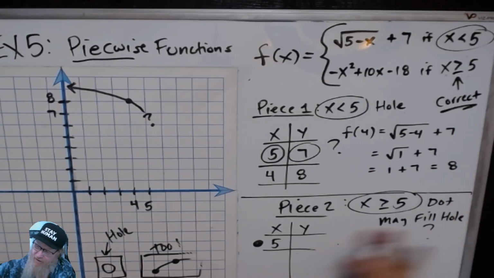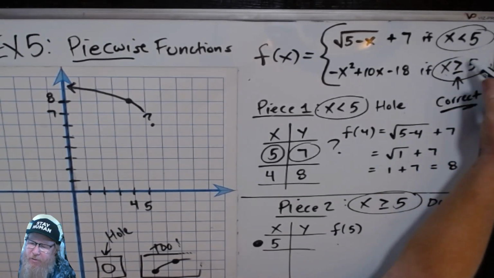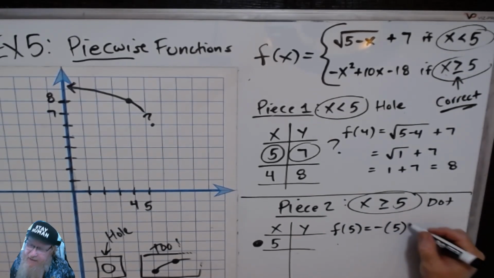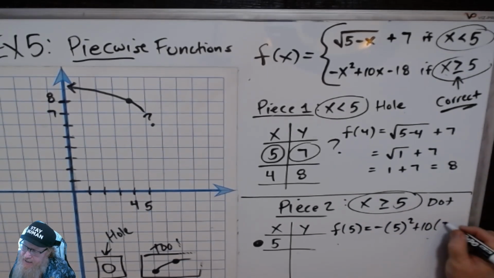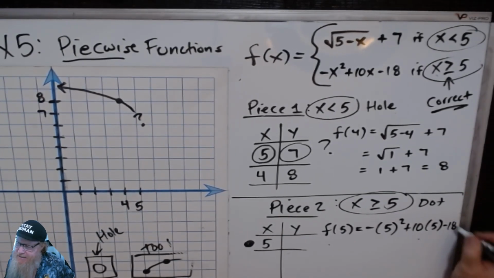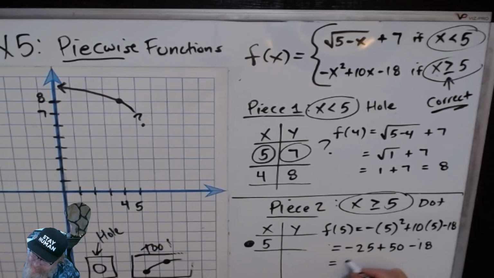So we've got f of 5. Remember, we're on the correct side now. We're on the right side. So it's negative 5 squared plus 10 times 5 minus 18, which is negative 25 plus 50 minus 18, which is 7.